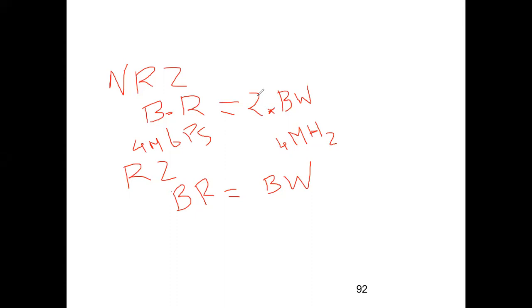Remember, the question should specify non-overlapping pulse or no ISI present, then only can you apply that formula. And for NRZ bit rate is 2 times bandwidth, and for RZ the relation is bit rate equal to bandwidth.